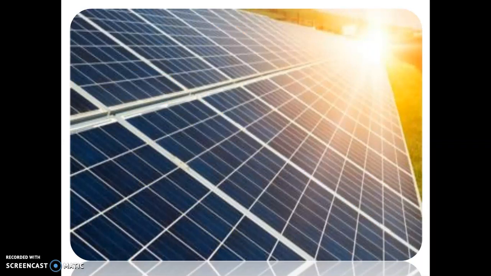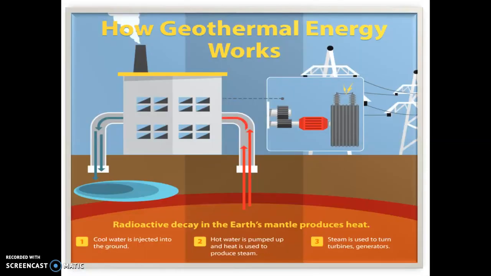You may see the picture of this. When you install it, you should put it on the roof of your house, facing the sun, and when the sun rises, it automatically takes the sunlight and starts heating. It works mechanically and gives energy.